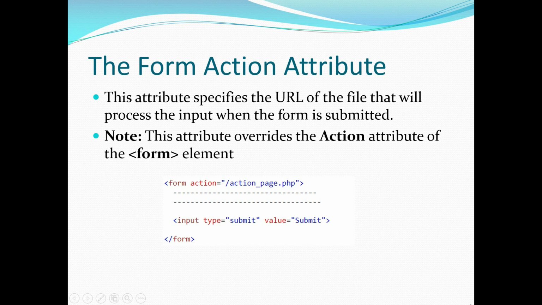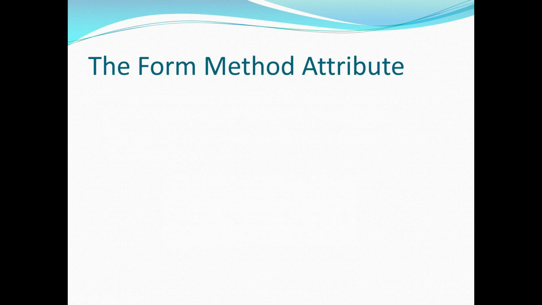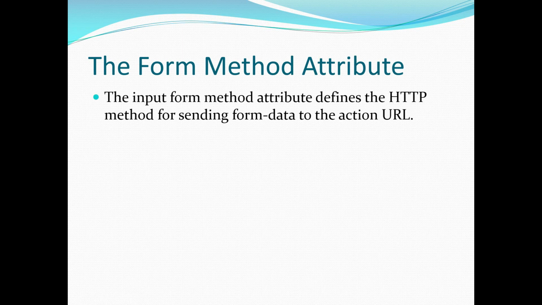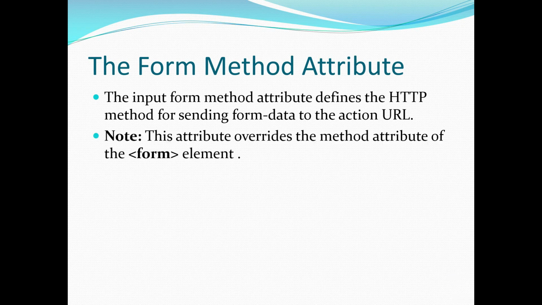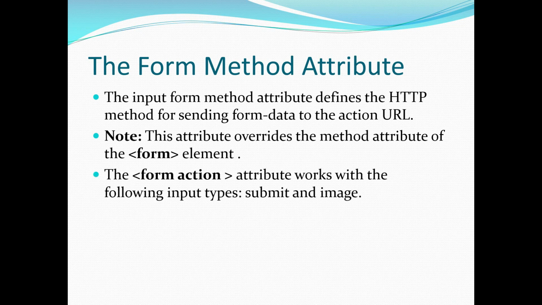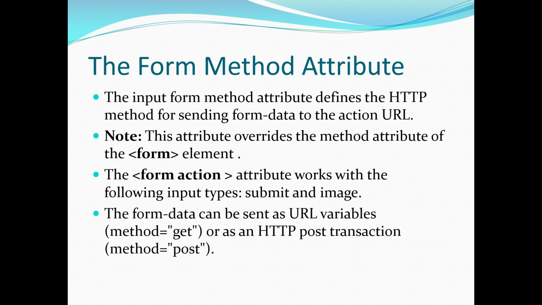So now let's see what the form method attribute is. The input form method attribute defines the HTTP method for sending form data to the action URL. So inside the method attribute, we define whether to use get or post. This attribute overrides the method attribute of the form element. It works with the following input types: submit and image. The form data can be sent as URL variables if we use the get method.